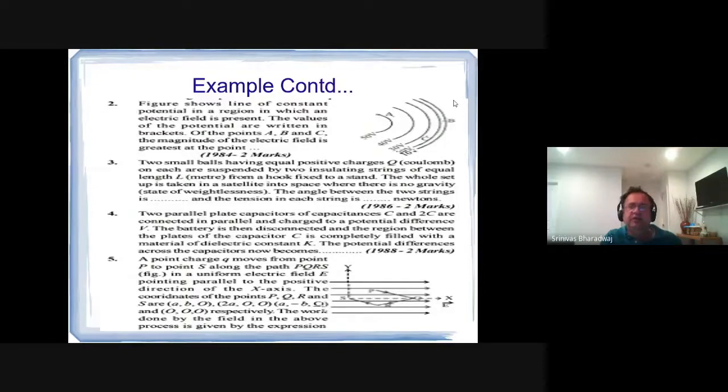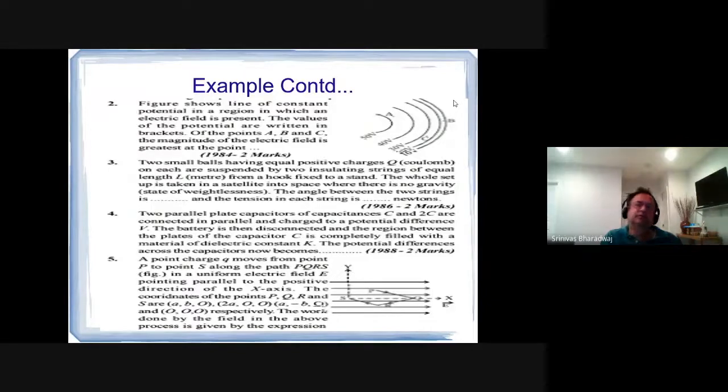The net will become K plus 2 times C. The potential now becomes Q divided by the new C, where the new C is K plus 2 times C, and Q was V times 3C.